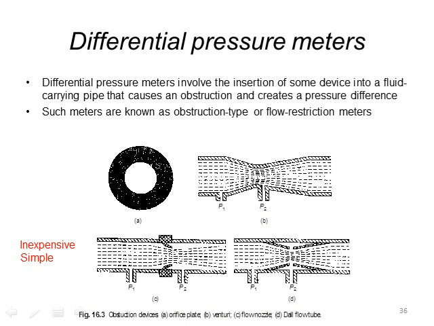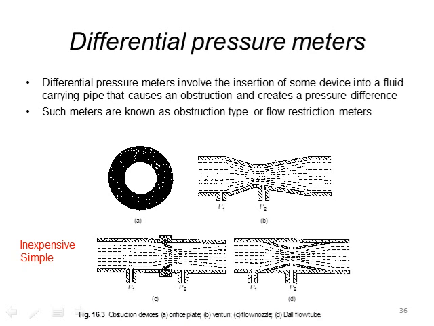Now, another way to measure is to use a differential pressure meter. Essentially, these involve the insertion of some device into a fluid pipe that causes an obstruction or creates a pressure difference. These are also called obstruction type meters or flow striction meters. These are inexpensive, very simple, and can be quite effective.